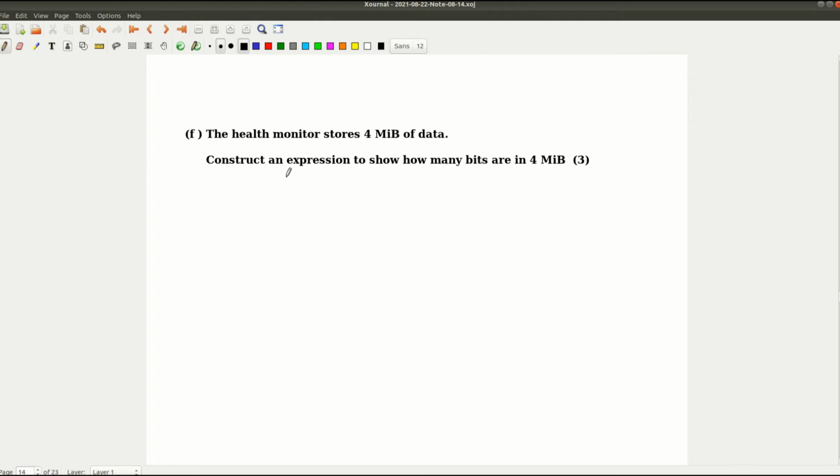Here the lowest unit is the bit. Then the second one is the byte: 1 byte equals 8 bits, so 8 bits are required to make 1 byte.